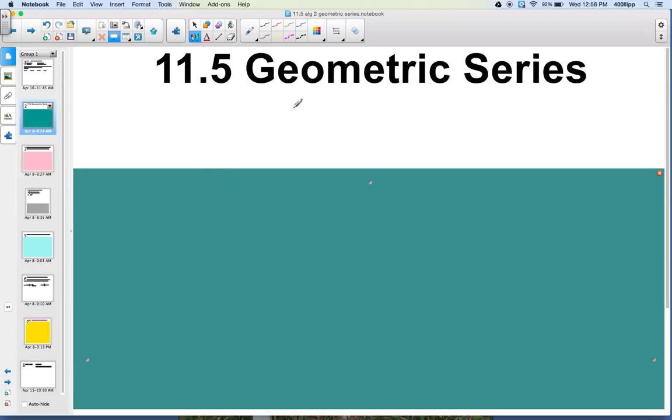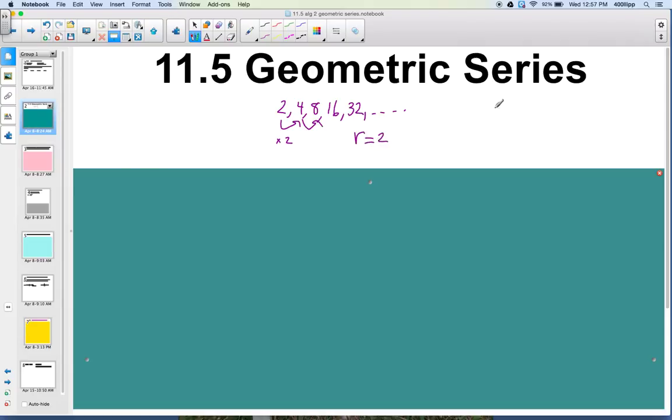For example, if I have the sequence 2, 4, 8, 16, 32, and so on, this is a geometric sequence because to get to the next term, we are multiplying by 2 every time. So that is called our common ratio, R, and R is 2 in this case.